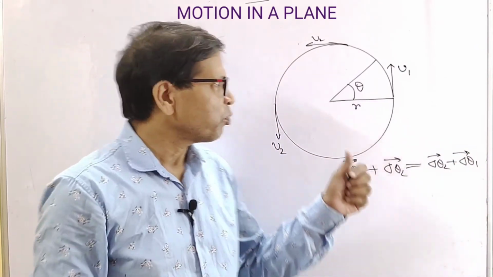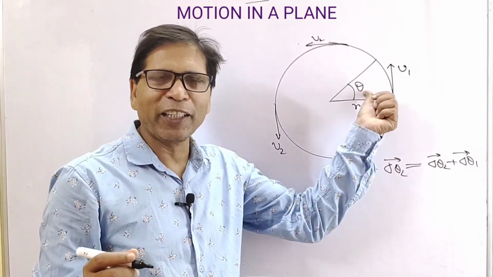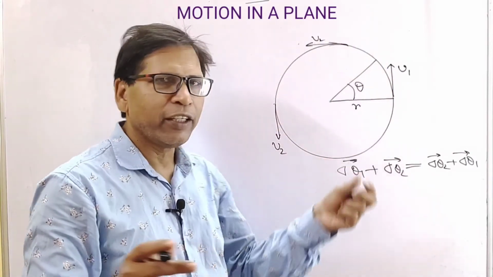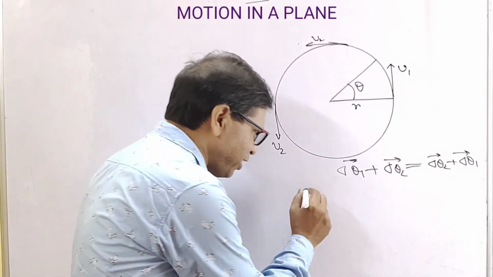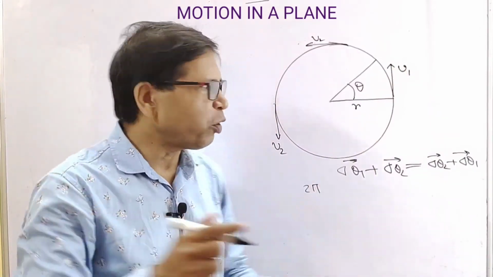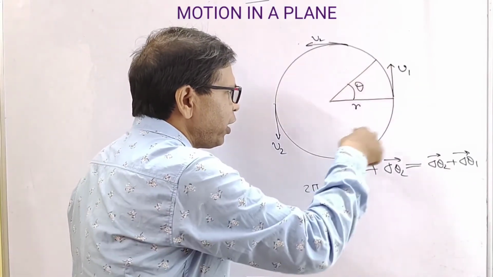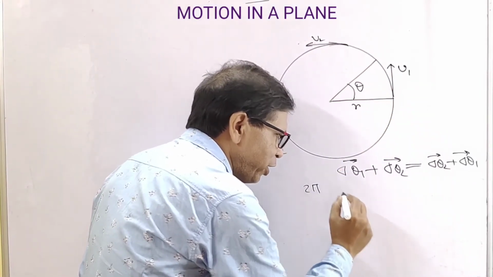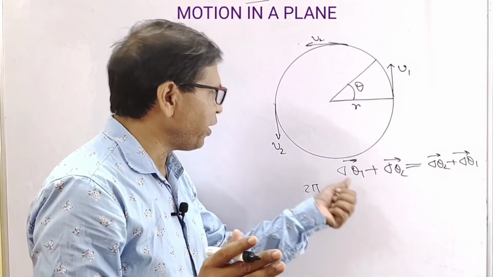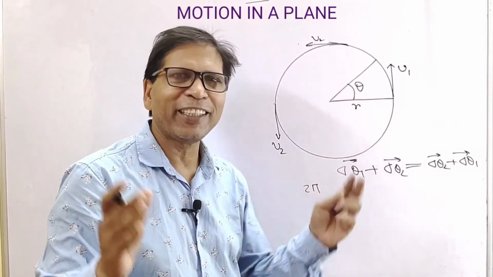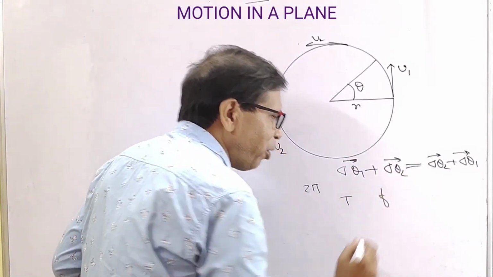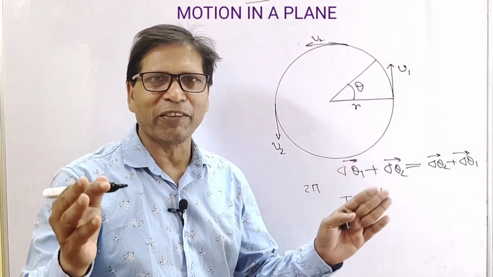Okay, understood? The unit of angular displacement is radian. In one complete rotation, the angular displacement is 2 pi. Now time period. The time required to complete one rotation is called time period and it is denoted by capital T. So in one time period the angular displacement is 2 pi. Now frequency. The number of revolutions per second is called frequency.